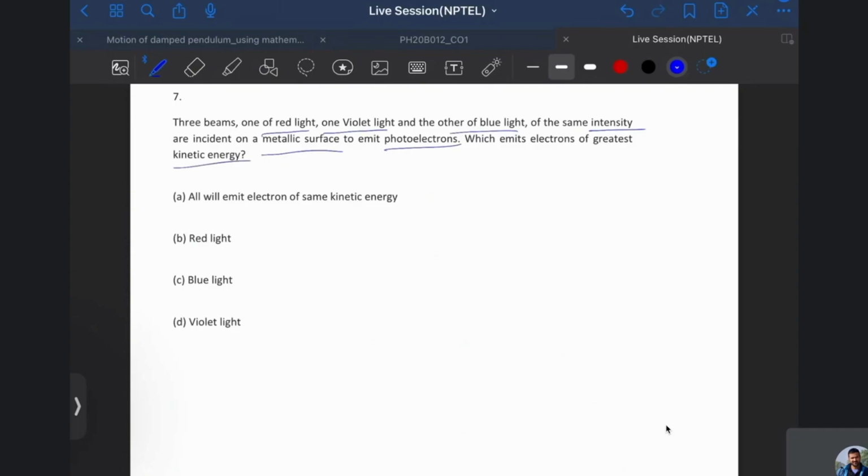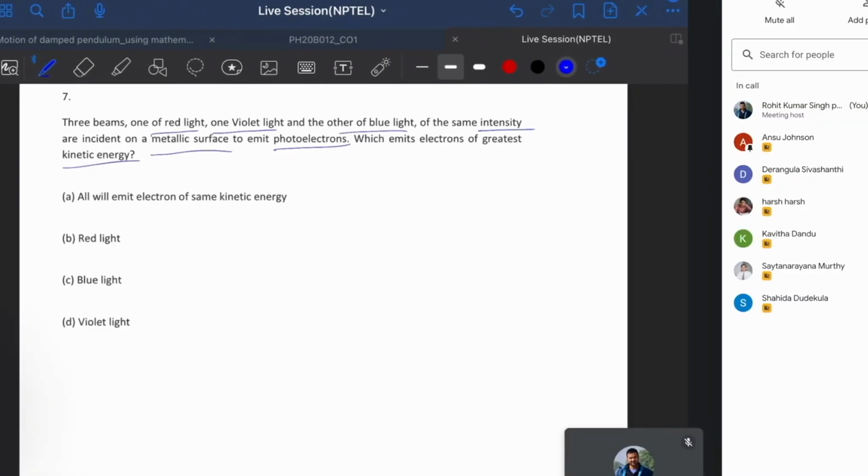This is just a qualitative question. There is no calculation needed here. Can all of you answer this one? Please answer one by one. Let's see who is correct.